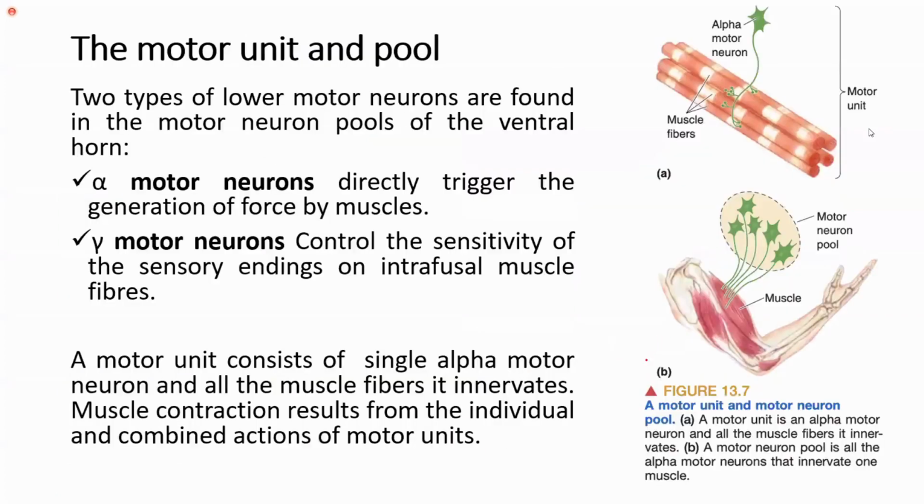And so a single alpha motor neuron with all the branches that it makes with the fibers is what we call a motor unit. You can see here that we have one alpha motor neuron, synapsing with multiple fibers via different branches of the same single alpha motor neuron.